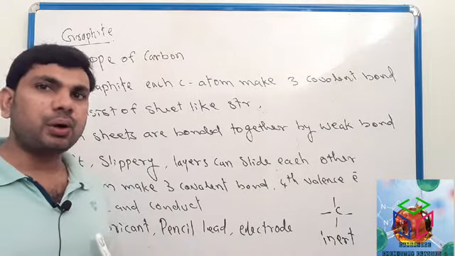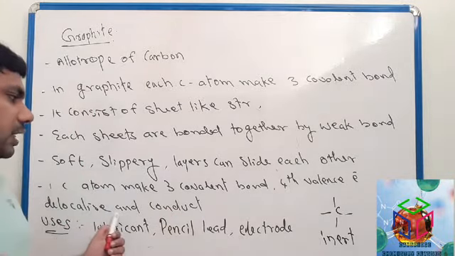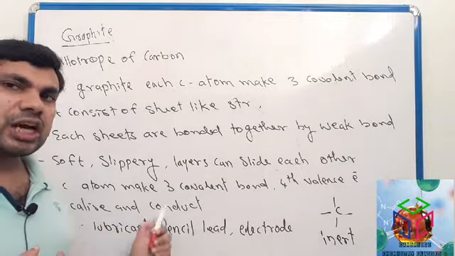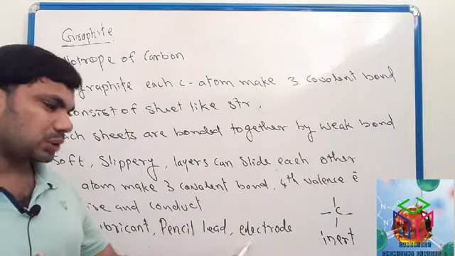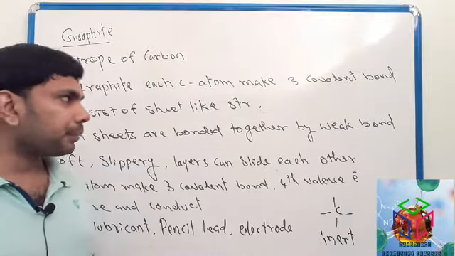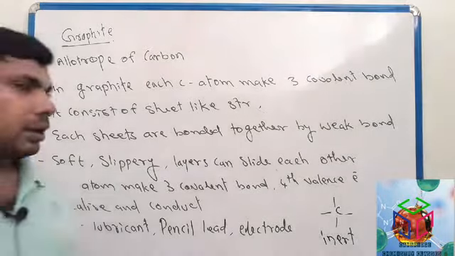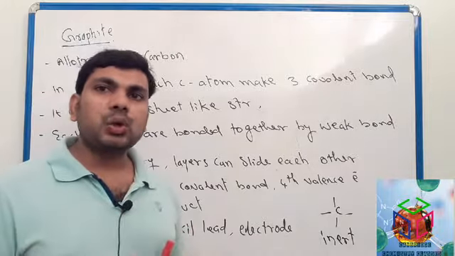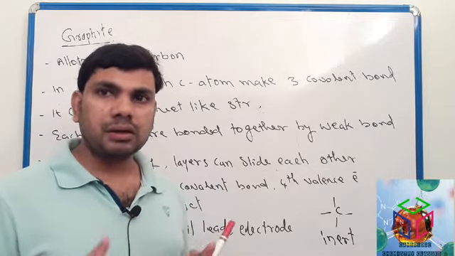The fourth valence electrons can delocalize and it conducts electricity. That's why graphite is used as an electrode. Okay. And here graphite is one of the allotropes of carbon. Clear?